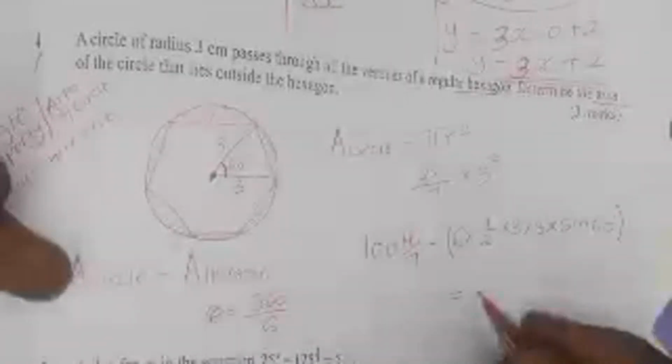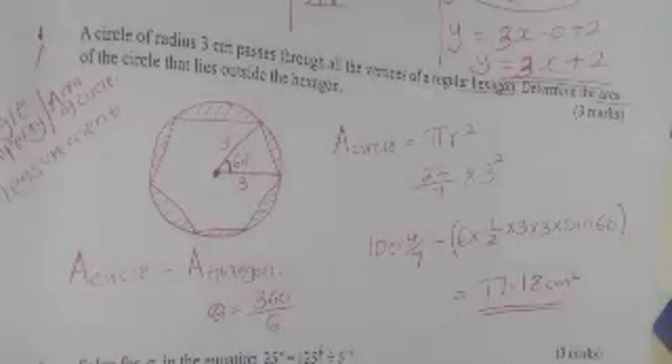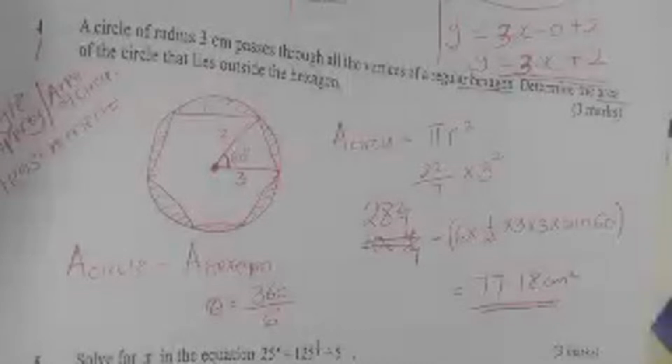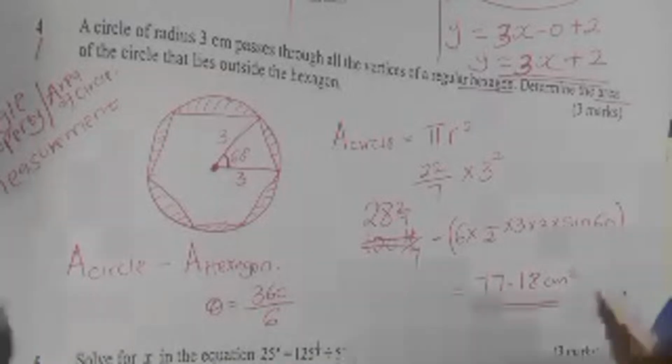This will give me 77 1/8 meter square. Okay, this is supposed to be a 28 2 over 7. Therefore, we have 4.90 centimeter squared.